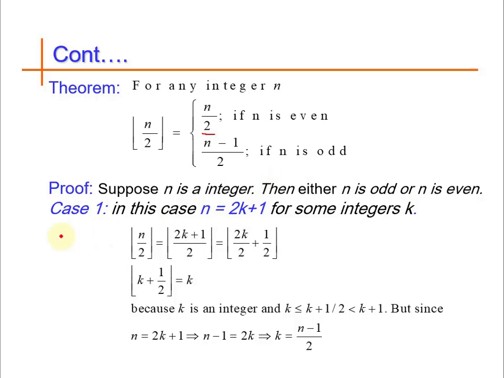So we are taking the first case as odd. So we are taking n is equal to 2k plus 1. This is by the definition of odd which we have studied. So n can be written as n is equal to 2 times some integer plus 1, for some integer k.